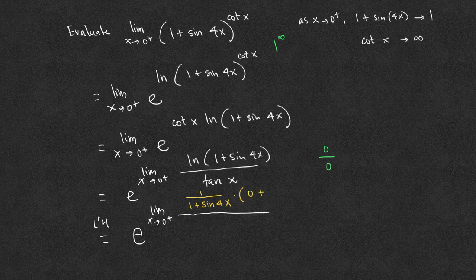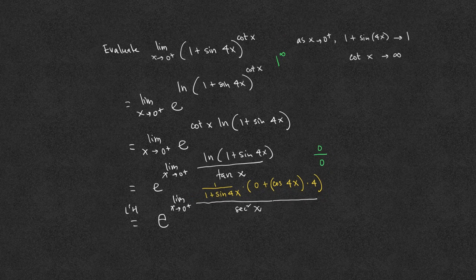The derivative of sine of 4x is cosine of 4x. And this is the killer part: we still need to multiply by the derivative of 4x, which is inside of sine. The derivative of 4x is 4. In the denominator, the derivative of tangent of x is secant squared of x.